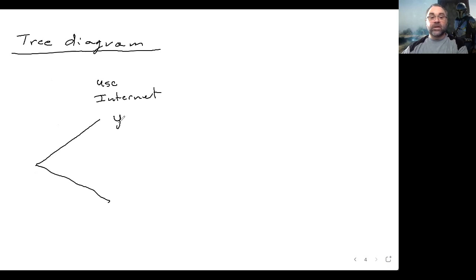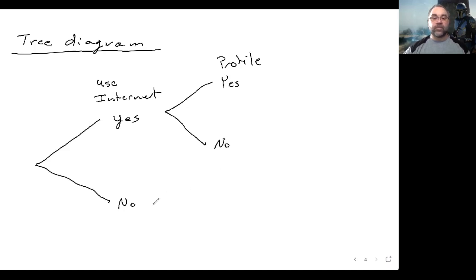And that is simply a yes or no question. And then the next question: 55% of online teens have posted a profile on a social network. So, do they have a profile? And this is also binary. Yes or no.